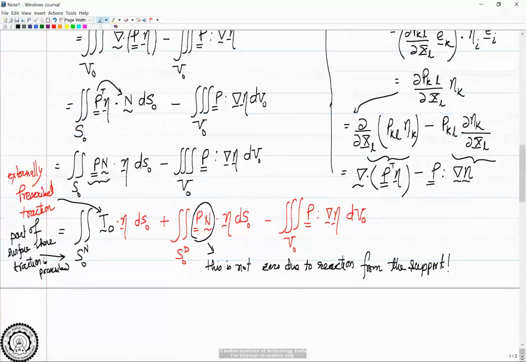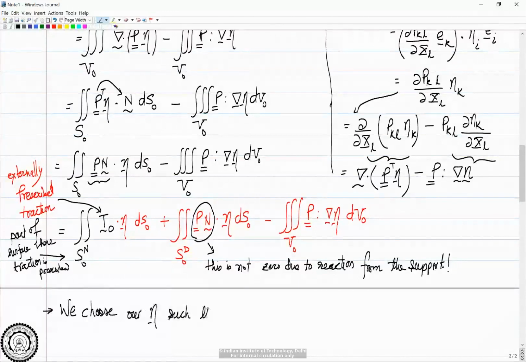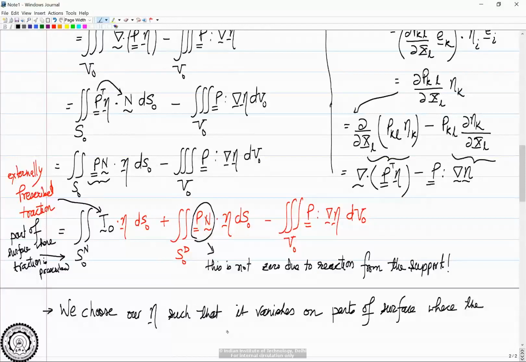But then we choose our eta such that it vanishes on parts of the surface where the body is, let us say, clamped, or you have prescribed the displacement of the body.